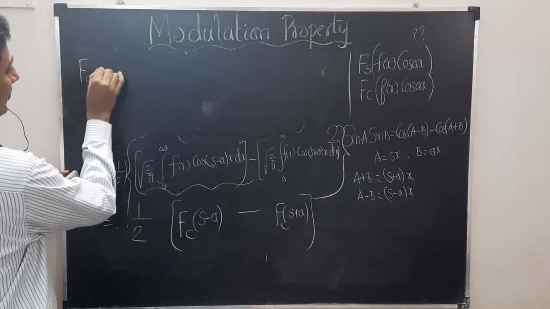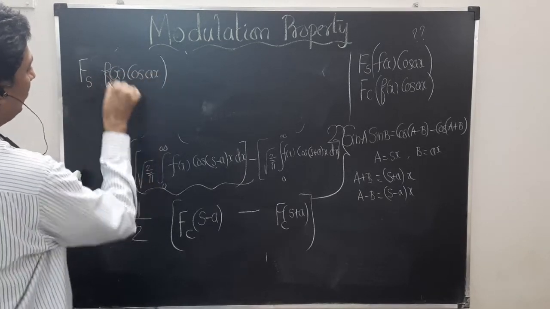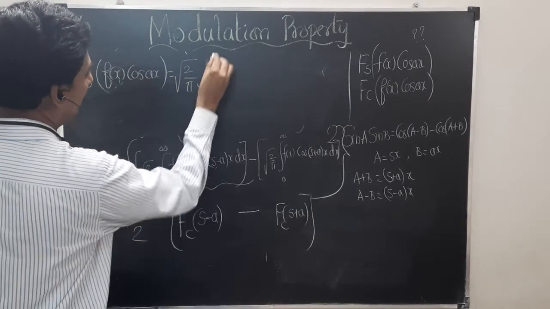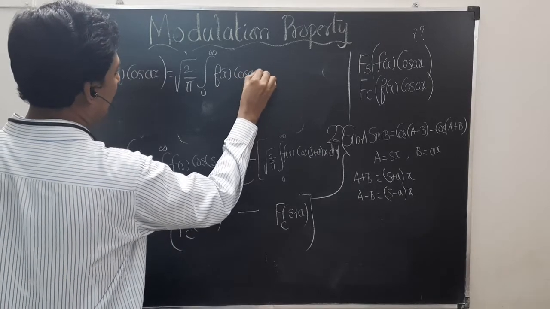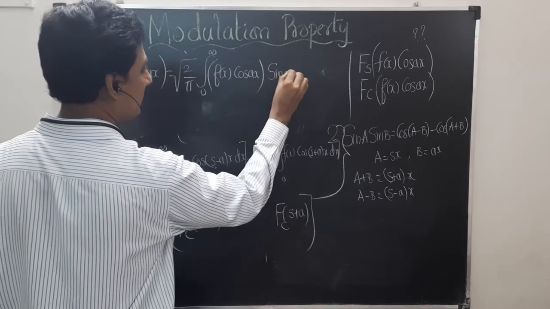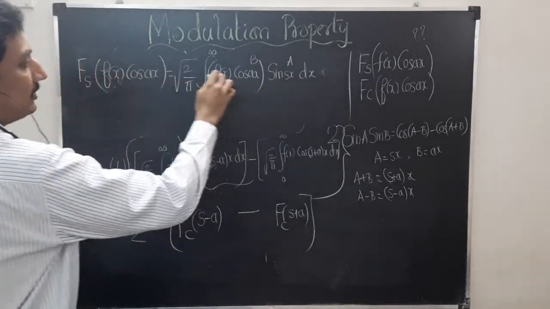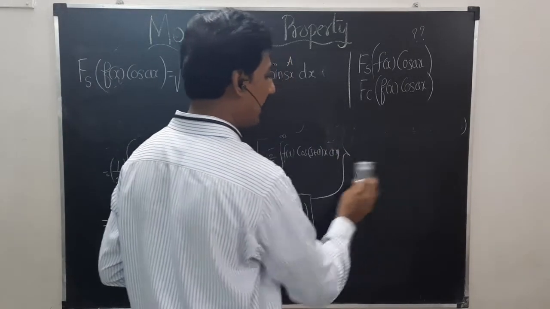So the Fourier sine transform of f of x into cos ax. What's the answer? Once again, by the definition, it is root 2 by pi integral 0 to infinity f of x into cos ax, which is the given input, times sin sx dx. So this is the a, this is the b. This looks like the sin a cos b formula. If you know sin a cos b, well and good.